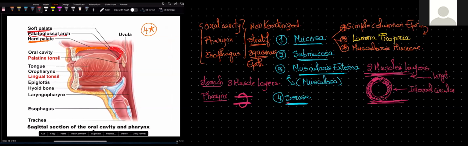If you remember, we've seen part of the soft palate that will be pending in the midline at the connection between the oral cavity and the oropharynx. We've called this the uvula. And remember, the uvula function was to be retracted to close the upper respiratory tract when you are swallowing.